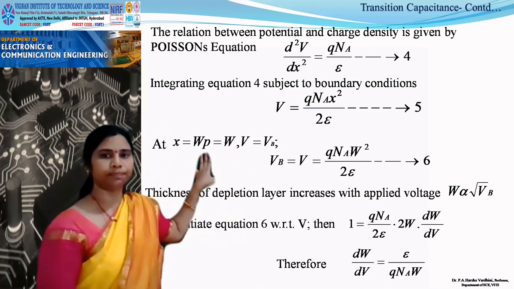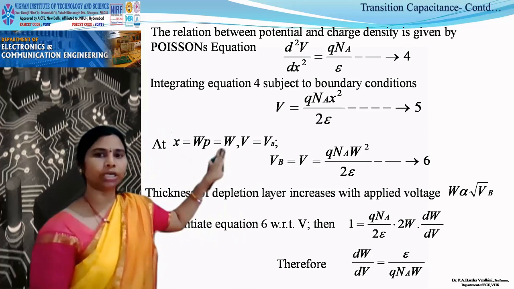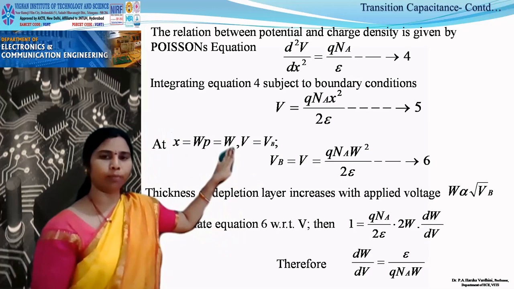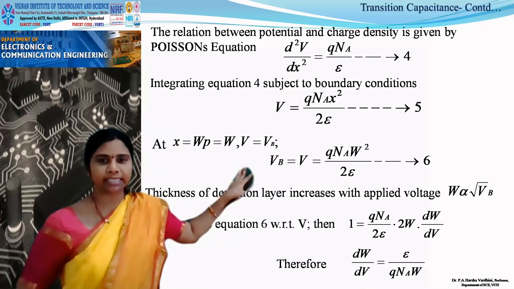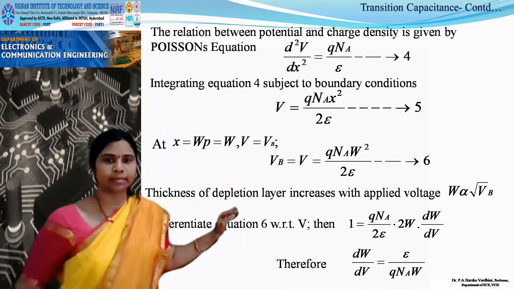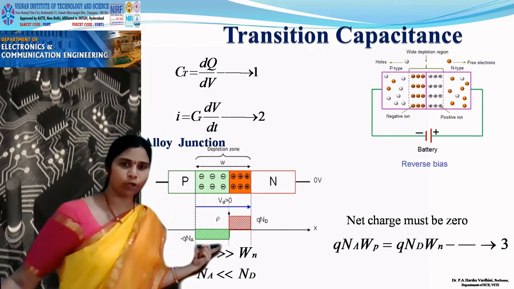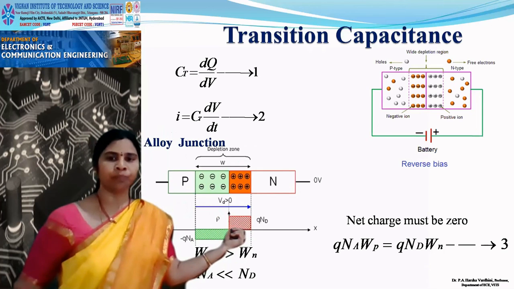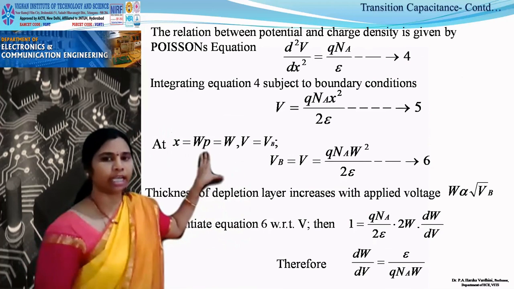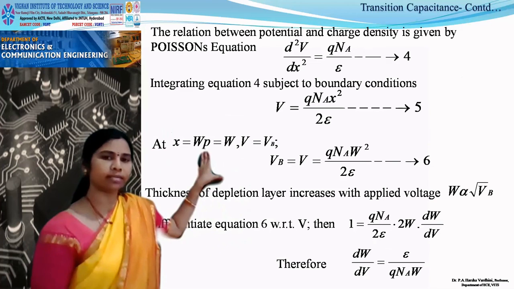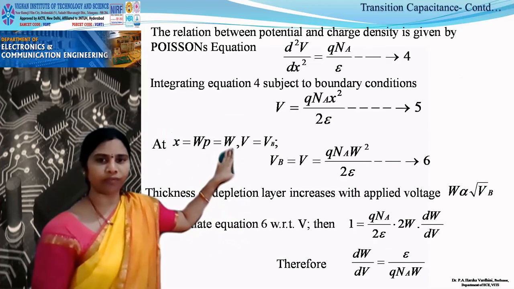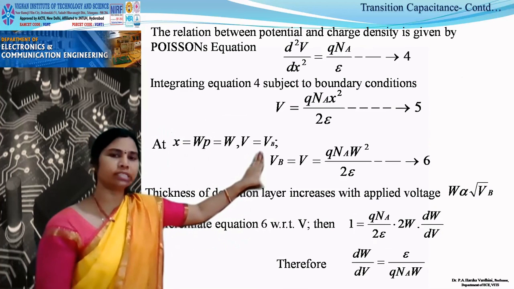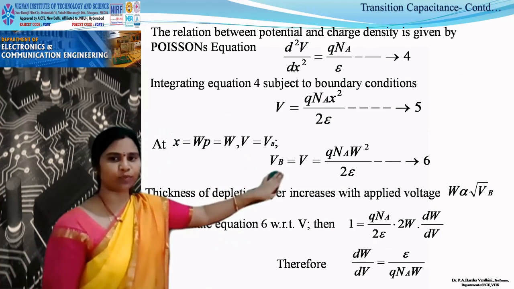X is a width. So if I substitute the width as Wp plus Wn together, but as Wp is much greater than Wn, you can simply neglect Wn and replace Wp plus Wn with Wp, which is giving the whole width of the depletion. And the voltage V as Vv, or you can simply leave it as V also. It is one and the same.